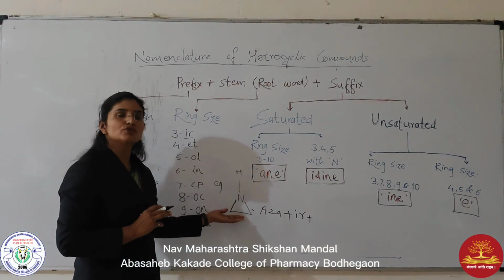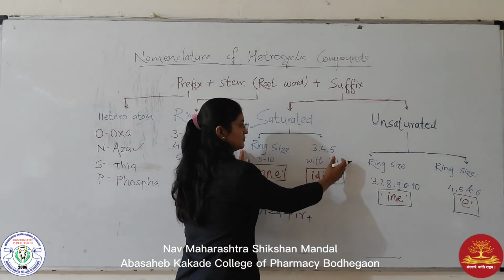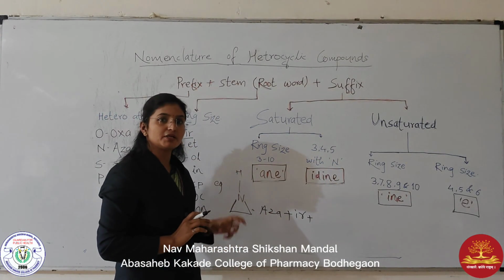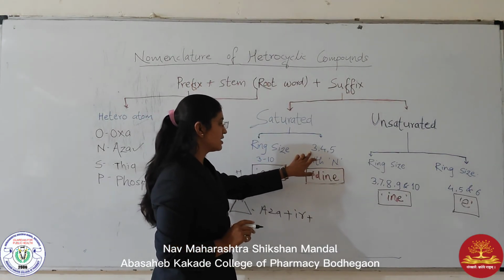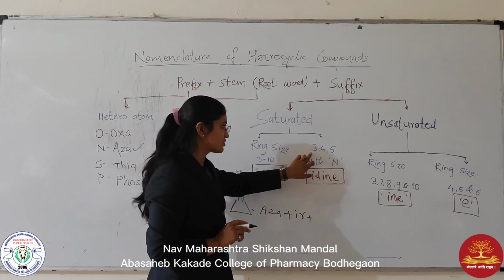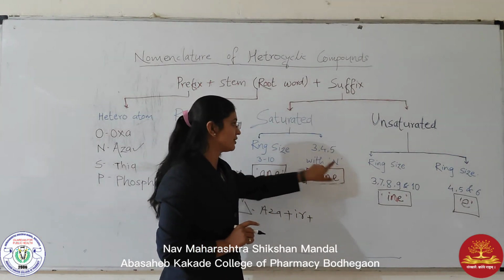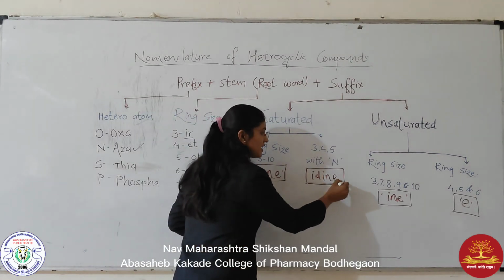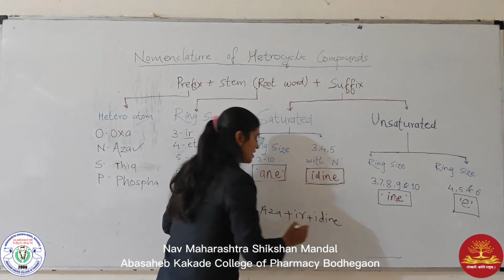Your ring is fully saturated but it contains nitrogen as a heteroatom, so the ring is fully saturated with 3 members and nitrogen. The suffix is idine. Write down your suffix here.